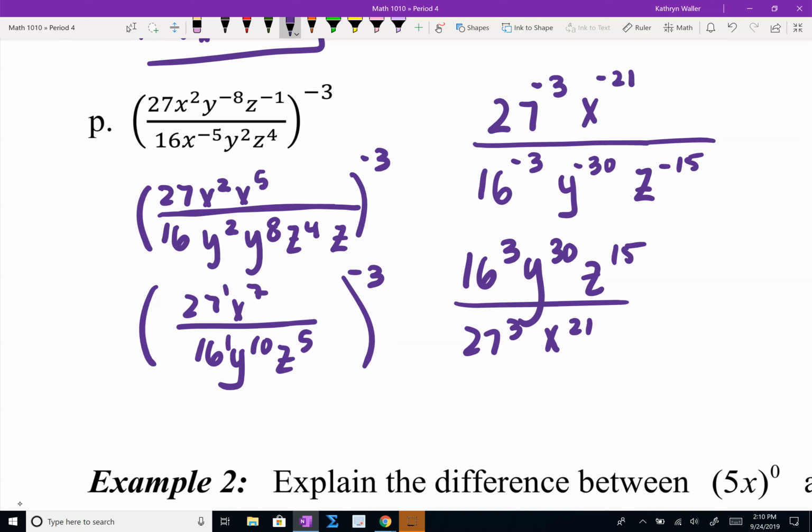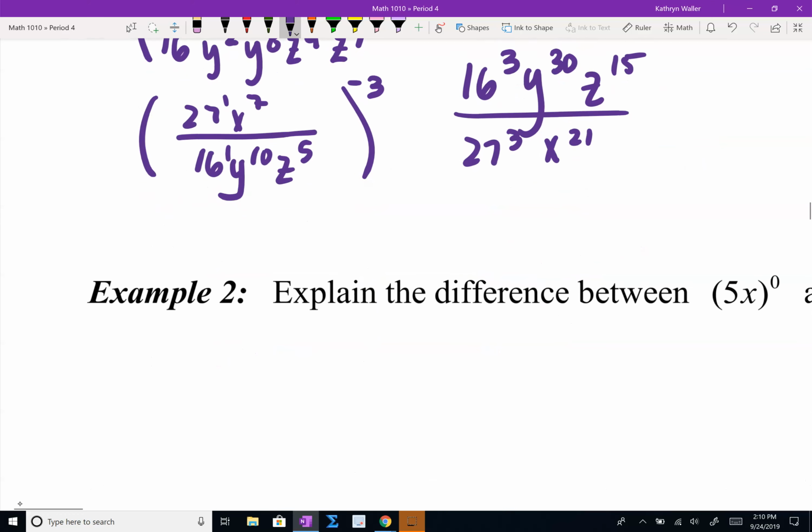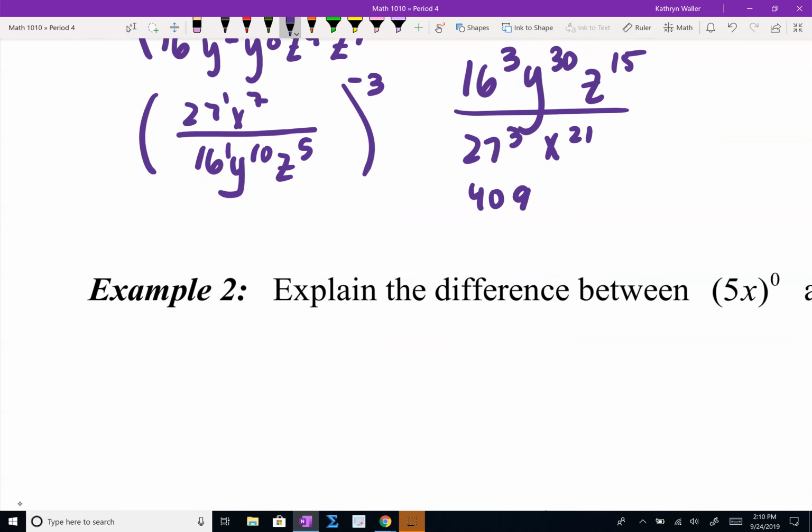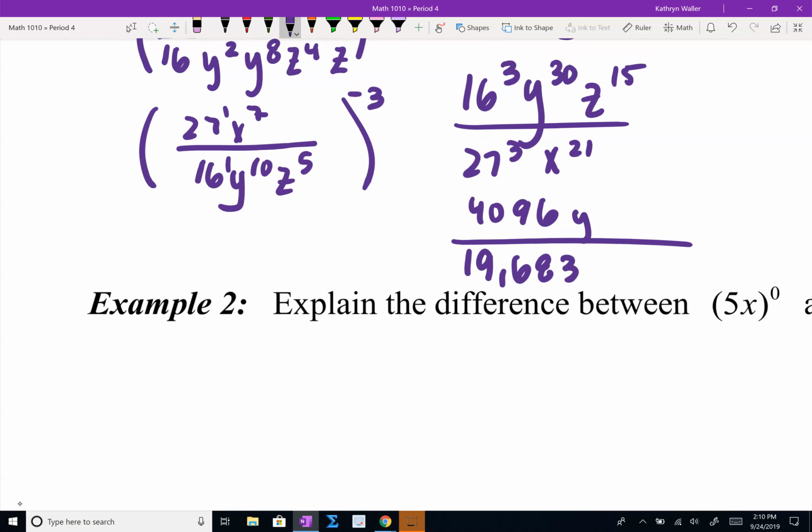Now grab your calculator and you go 16 to the third is 4,096. And then 27 to the third is 19,683. And then on the top, you have a y to the 30th and a z to the 15th. On the bottom, you also have an x to the 21st.